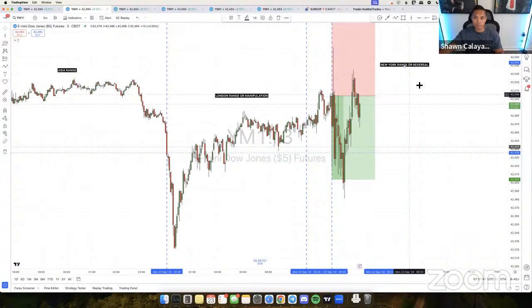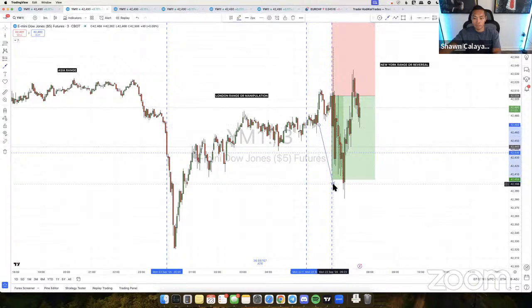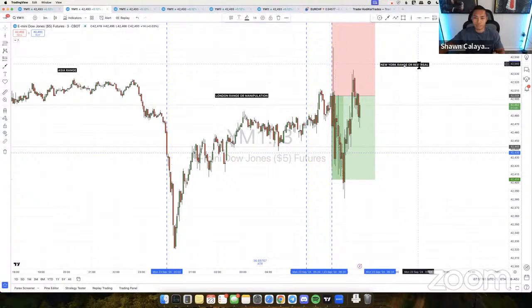Same situation here. You either identified this as a range or as a reversal. I identified it as a reversal because that's where I was going. That's the reason why I like it, but I don't like it, because you could be right, but you could also be wrong, depending on how you identify it.